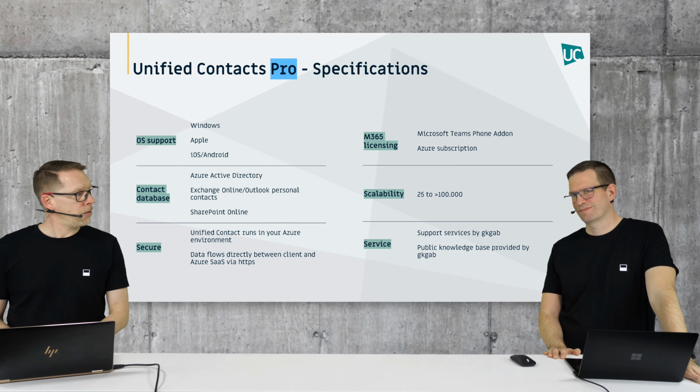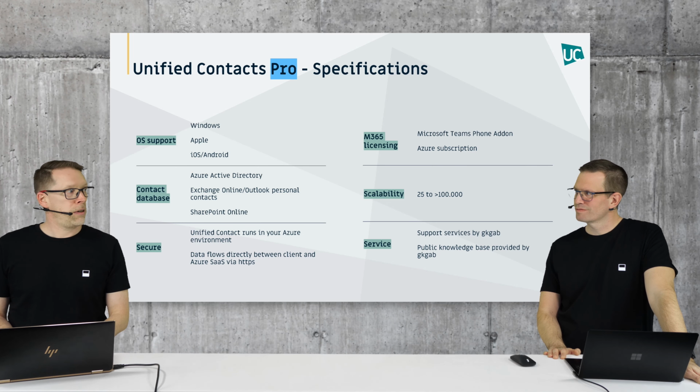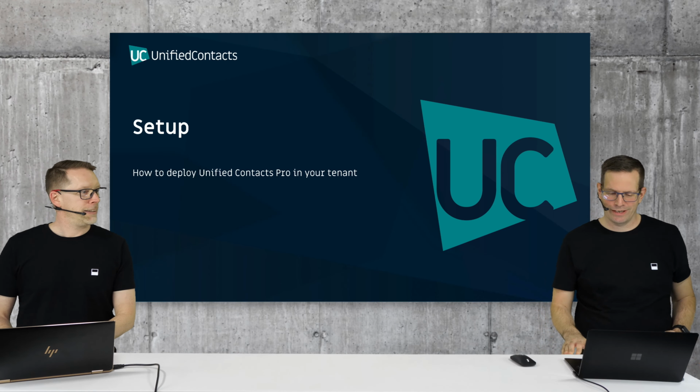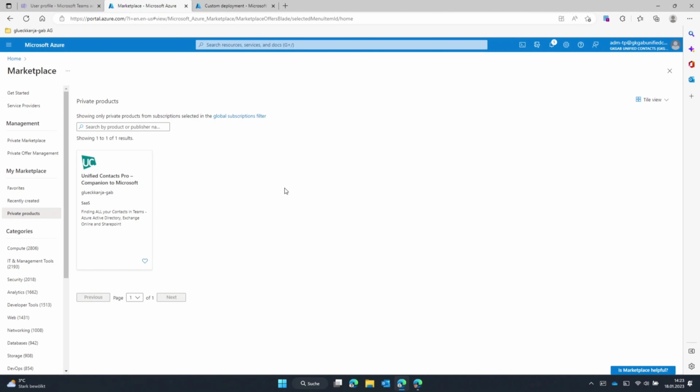But that's really the Pro, and I think it's time for some demo, isn't it? Really? I think so. Okay, perfect. So first of all, we will show you how the installation process is. It's not so easy like in the free edition, because as already explained, you need your own Azure resources, and therefore we have a deployment script.